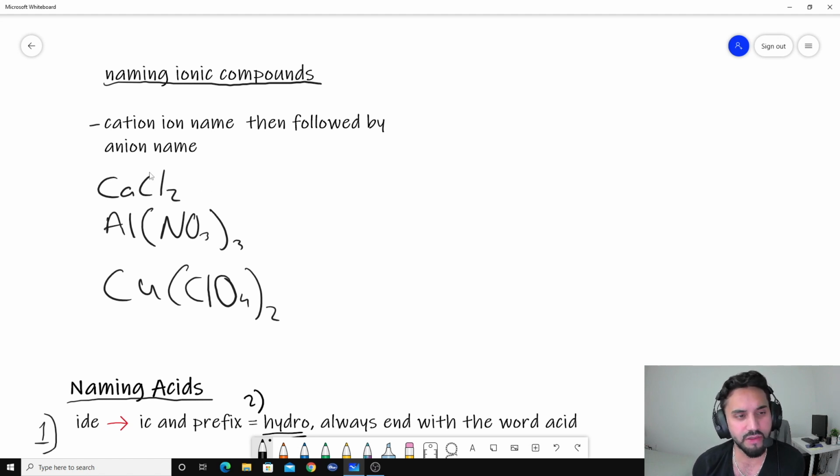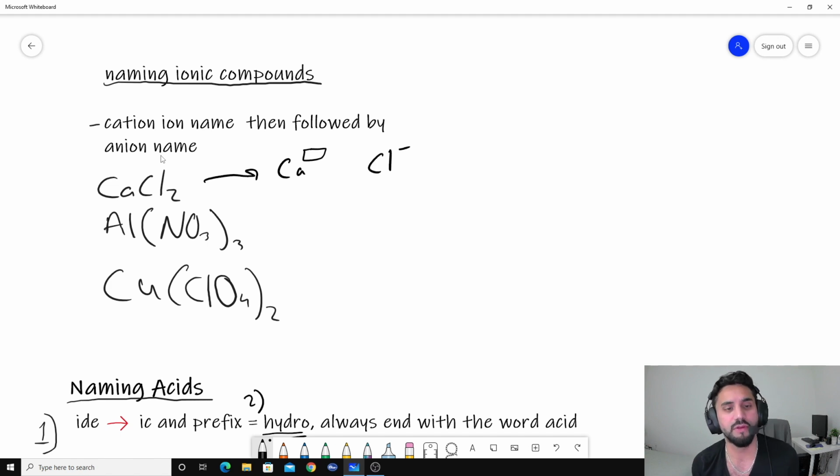So how do we know the charge of this calcium? Well, if we break this down, we don't know the charge of calcium, right? But we know the charge of chlorine, right? Chlorine is minus. In this case, we have two chlorines neutralizing this compound.